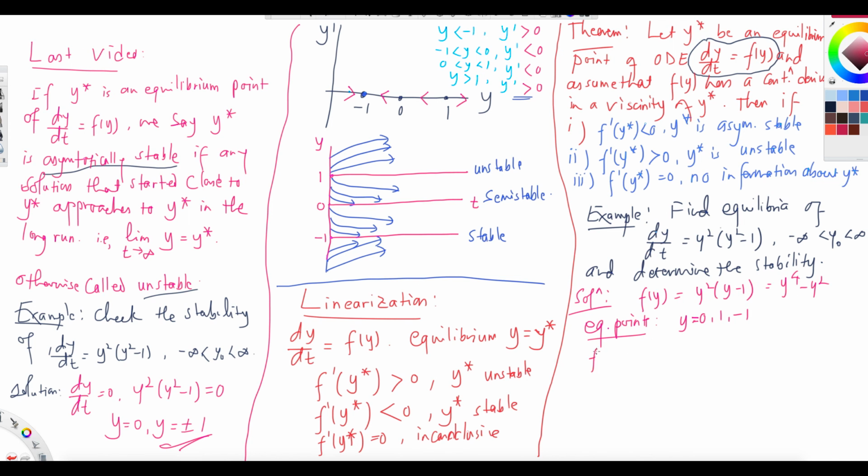Now what is f prime of y? We need to find the first derivative of that. You will get 4y squared minus 2y, right? Now we'll plug in 0, 1 and negative 1 into f prime of y. So f prime of 0 is 0, right? So inconclusive.